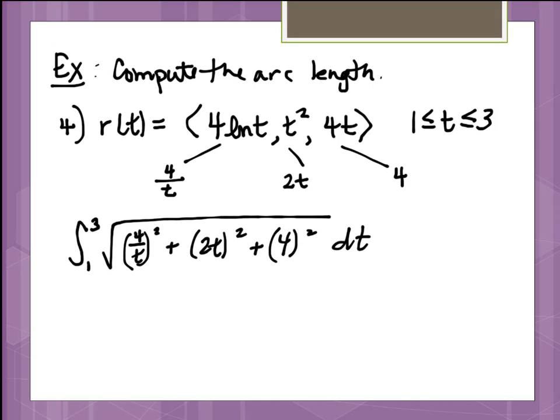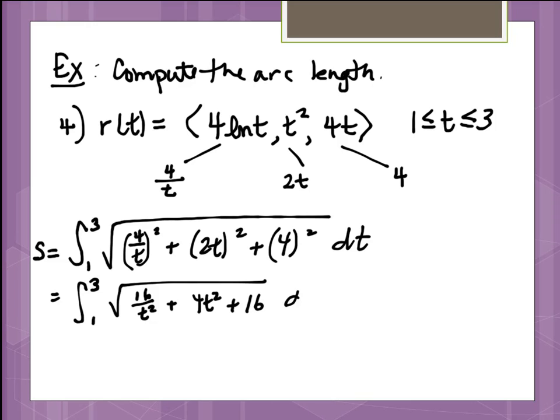Does that look okay? This is arc length. Some textbooks call arc length s. Let's take a look at this and see what kind of simplifying we can do. So we've got 16 over t squared plus 4t squared plus 16.